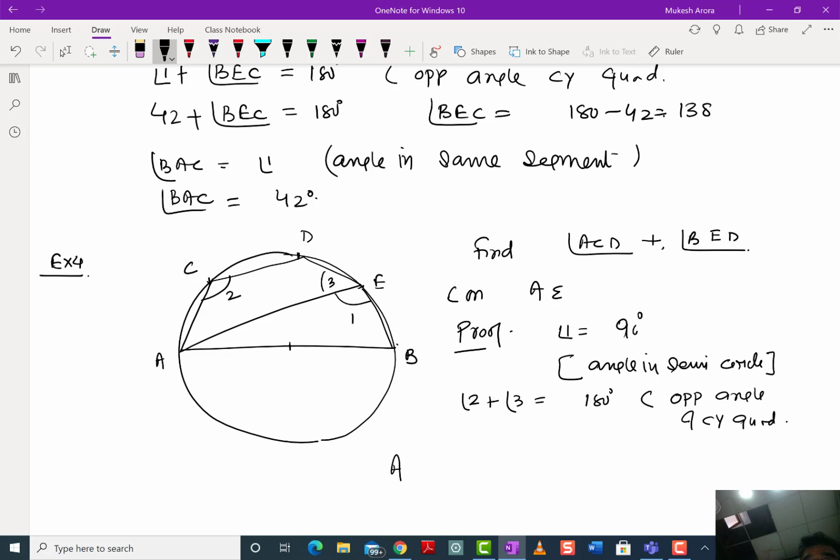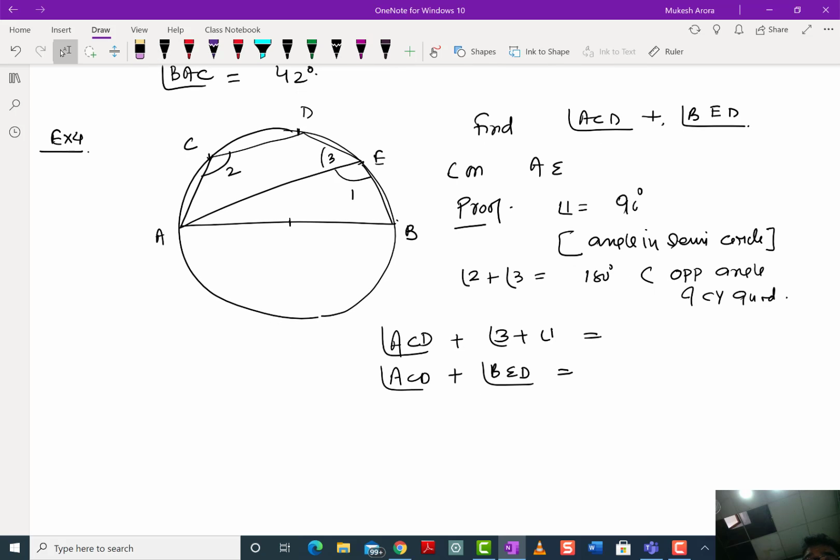Angle 2 is ACD, and angle 3 plus 1 is BED, which is equal to angle 2 plus 3 plus 1, that is 180 plus 90, which is 270.